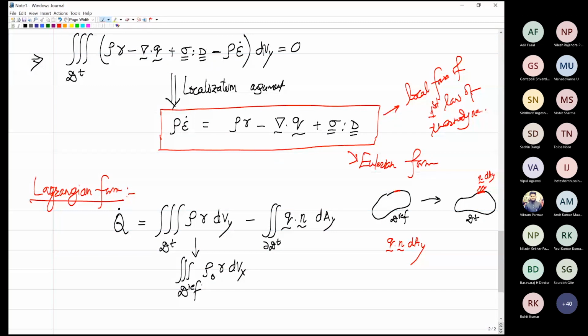I want to write this as some Q naught dot Nx dAx, where Nx is here, and that's your Ny.